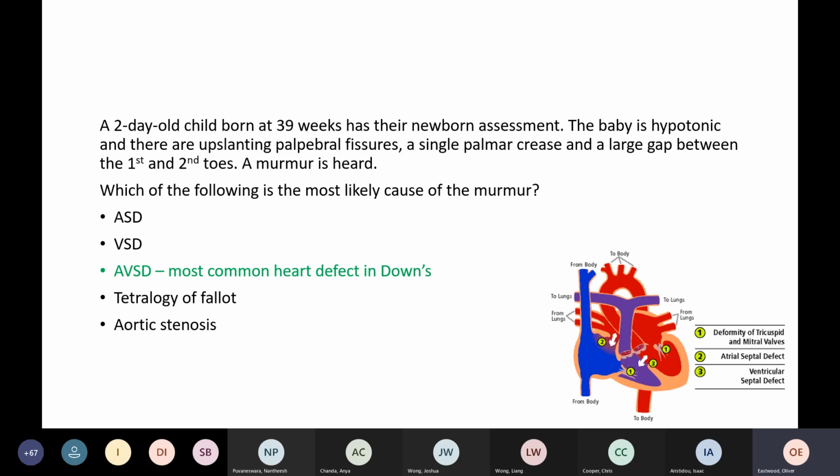The important thing you need to know is that the most common congenital heart defect they get is AVSD, where you've got an atrial septal defect, a ventricular septal defect, and also some regurgitation and insufficiency of the valves, the tricuspid and mitral as well. Down syndrome does predispose you to a lot of congenital heart defects, but this is the one they most commonly get.